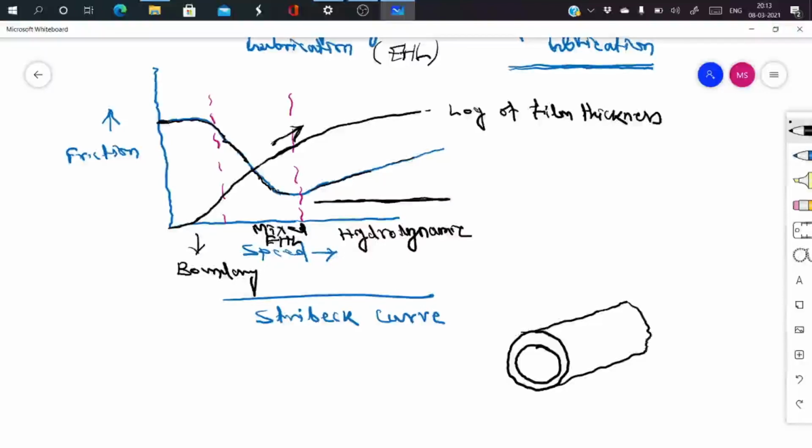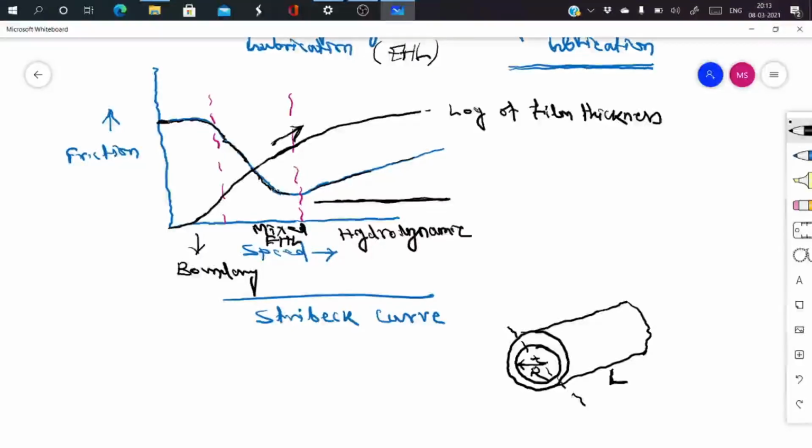Now this is the line joining both centers. This is the journal center, this is the bearing center. This is the length of the journal, which is called L, and the radius of the journal we call R.